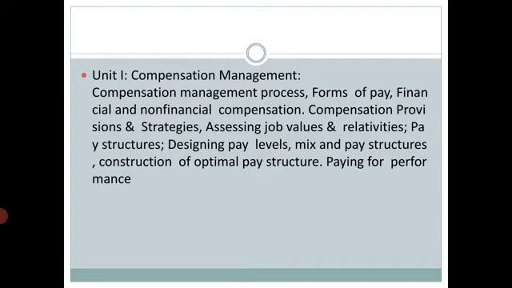In this particular unit we will go through the compensation management process, the different forms of pay, financial and non-financial compensation, compensation provisions and strategies, assessing job values and relativities, pay structures, designing pay levels, mix and pay structures, the construction of optimal pay structure, then paying for performance.